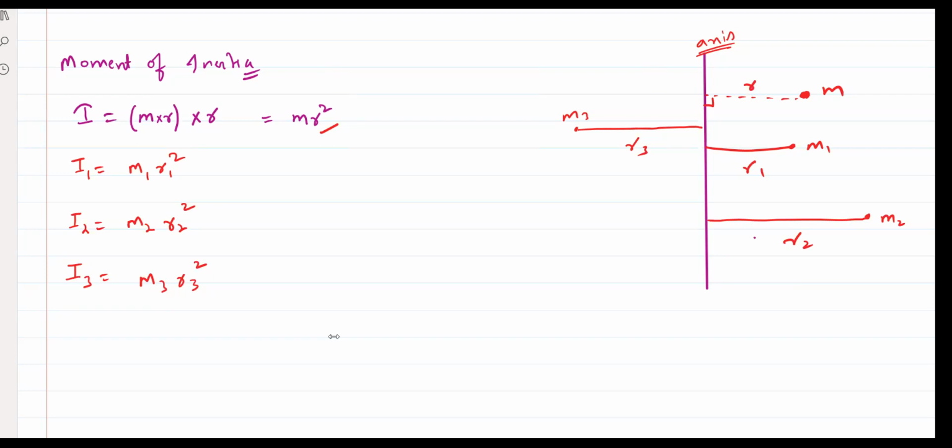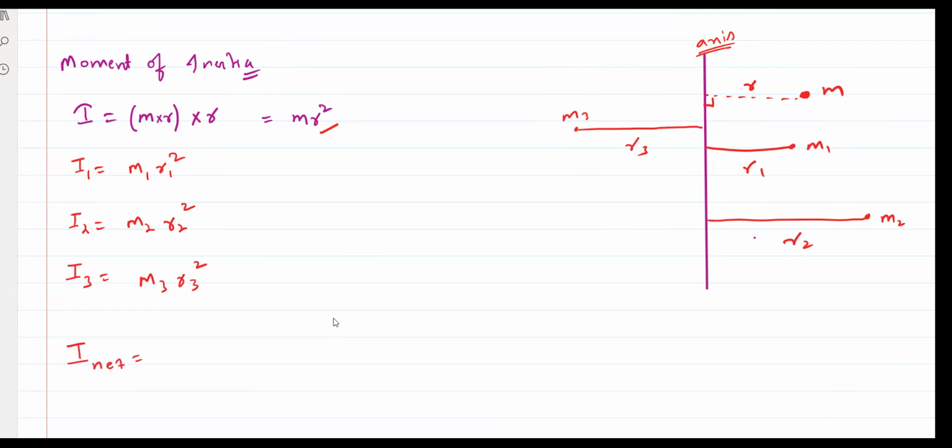Mass is scalar, distance is scalar. So scalar into scalar is scalar, no? Yes or no? It is a scalar quantity. Very good. Now, suppose this is a system of three objects, and I want to know the moment of inertia of the total system, I net.